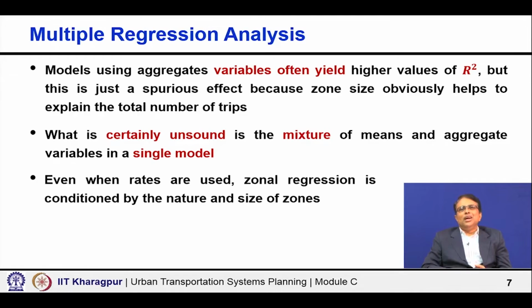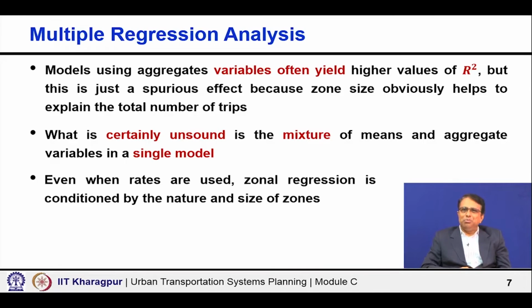The last point is very interesting, where we are saying that even when rates are used, zonal regression is still conditioned by the nature and size of the zone. You may find that what was said in the previous slide and what is said now are contradictory, but they are not.